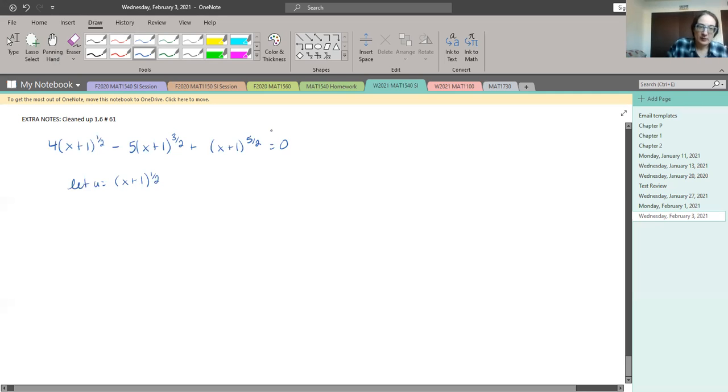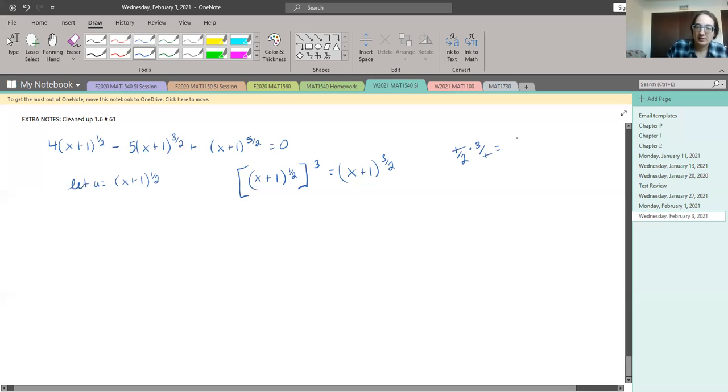Now there's another reason that we want to let u equal that. If we have this exponent and we cube it, we get (x + 1)^(3/2), because the power to a power exponent rule says that when you have something to the half power raised to the third power, you multiply the exponents together.